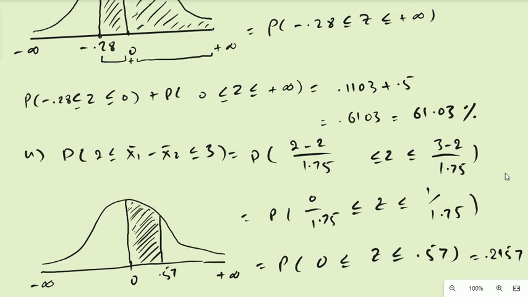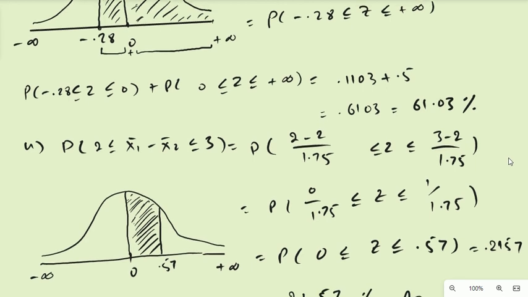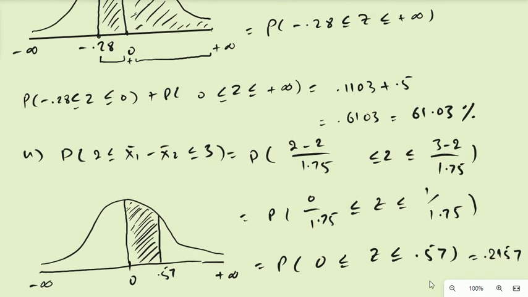Since you know that the minimum limit is 0 and the maximum limit is 0.57, you don't need to add or subtract two areas, rather you should directly search 0.5 below 0.07, its value is 0.2157, which is equal to 21.5%.